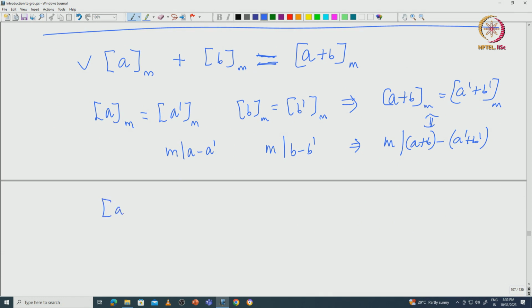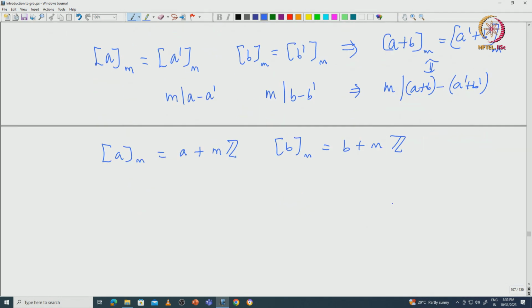That is why the addition that we defined before agrees with this addition. Recall that [a] is nothing but a plus mZ, and [b] is nothing but b plus mZ. So we define addition between these two sets as (a plus mZ) plus (b plus mZ) exactly equal to a plus b plus mZ.